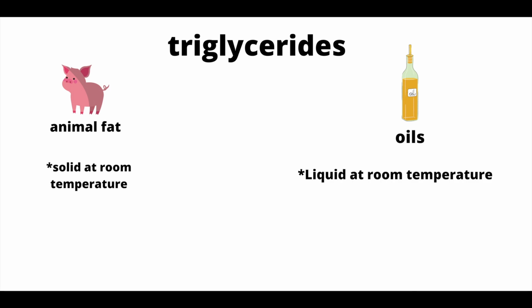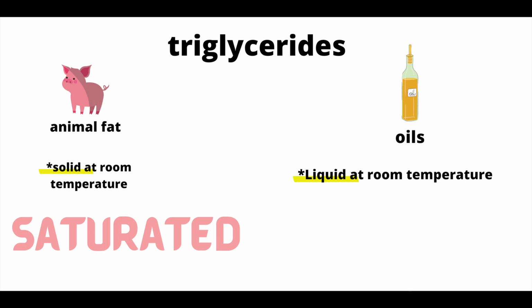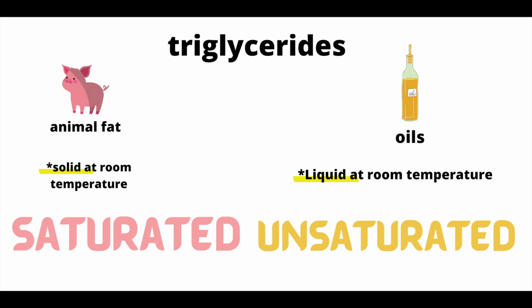And the reason why animal fats become solid and oils are kept as liquid has to do with their molecular structure. So your animal fats are what we call saturated fats, and your oils are what we call unsaturated fats. On a molecular level, this is what it's going to look like.